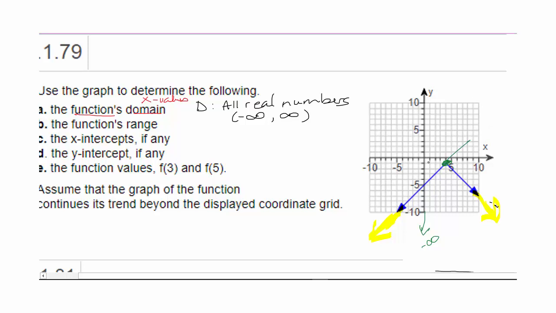What are the coordinates of that point? It appears to be the point 4, -1 maybe. Let's look closely here. Kind of scribbled over it. Yeah, 4, -1.